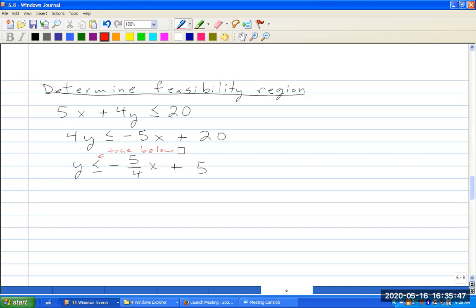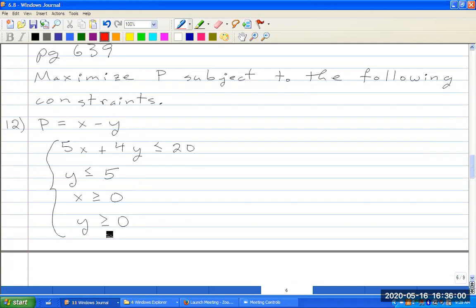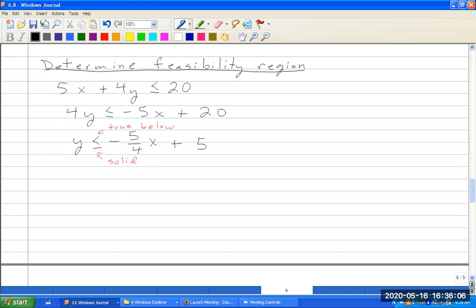It's also going to be solid. I hope these are all solid. If not, these are all going to be... For these linear programming problems, they'll always be equals. Okay. So the slope is minus 5/4, and the y-intercept is 5.